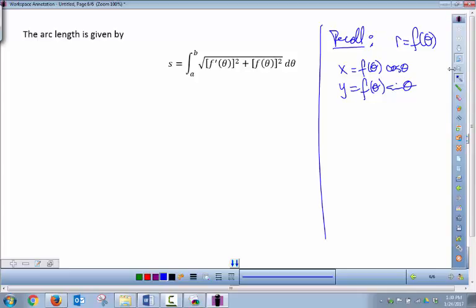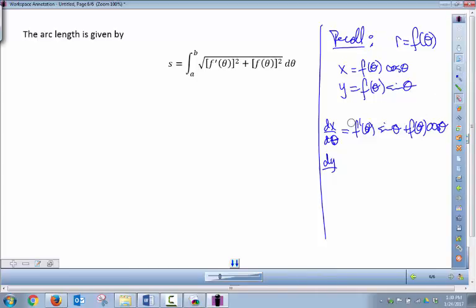And then we found derivatives of these parametric equations. F prime theta times negative sine theta plus f of theta, derivative of the first times the second. I did this wrong. The first one should be cosine, right? Because it's second.